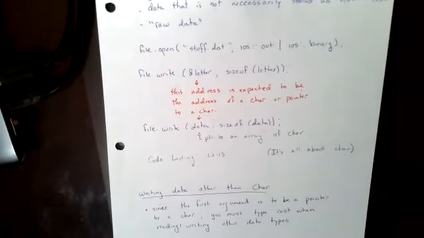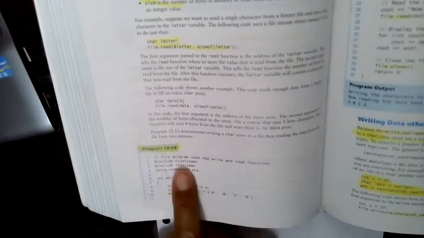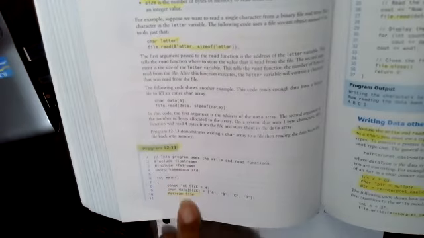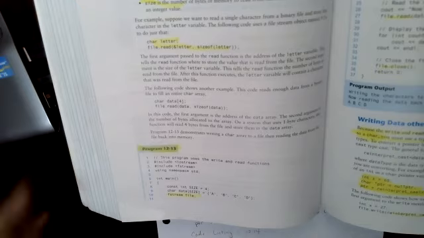So you had some code listings, and what's wrong with my book? It doesn't like me. Code listing 12-13, if I can get to it here, starts out with our traditional header files, include iostream, include fstream, and the fstream file.